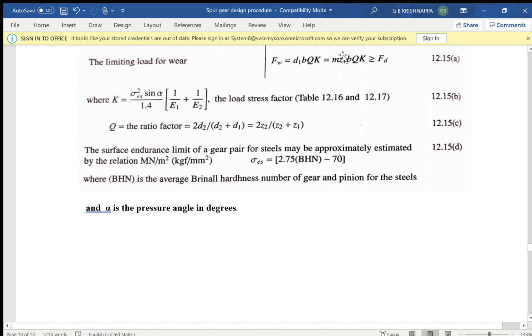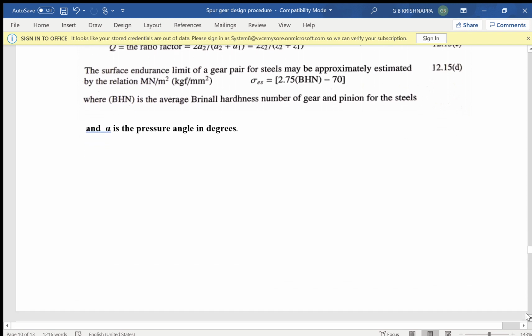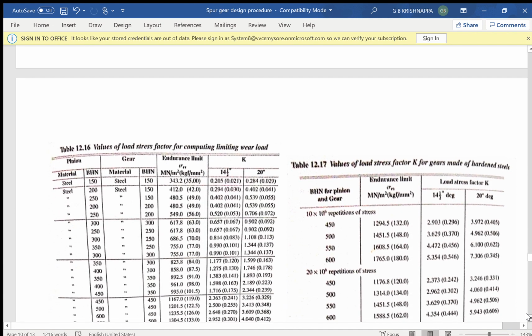Then you substitute these values M, Z1, B and Q, so K can be obtained. After obtaining K, by referring to table 12.16 and 12.17, you can substitute that K value here, so sigma ES will be obtained. Once you obtain sigma ES, you can easily find out BHN, if you don't know the BHN.